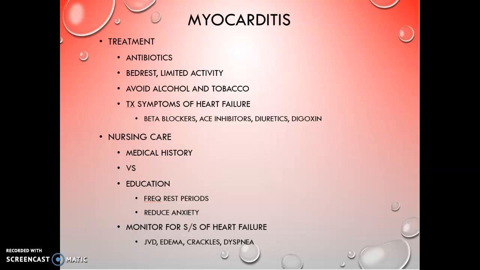With endocarditis, we're looking for a murmur as far as sound goes. And for myocarditis, we're looking for crackles. Again, the muscle is inflamed. So think about what the big muscles of the heart do. They push the blood out into the body. If that's not happening, you can have crackles, dyspnea, all of those signs of heart failure similar to what you would have in an older person with CHF.